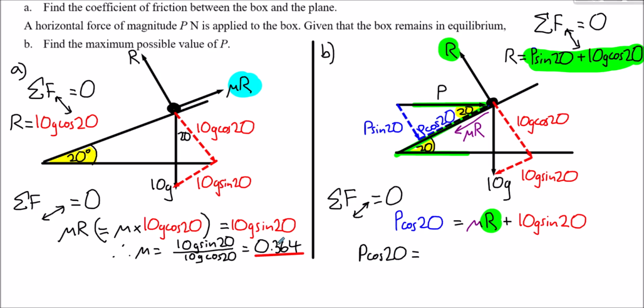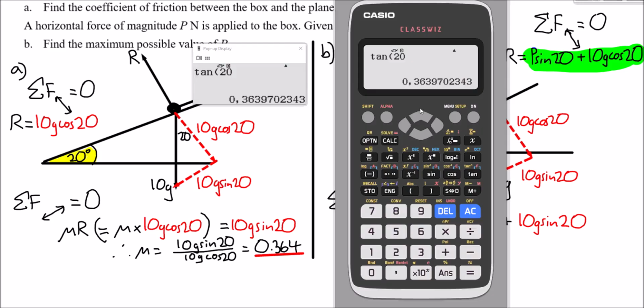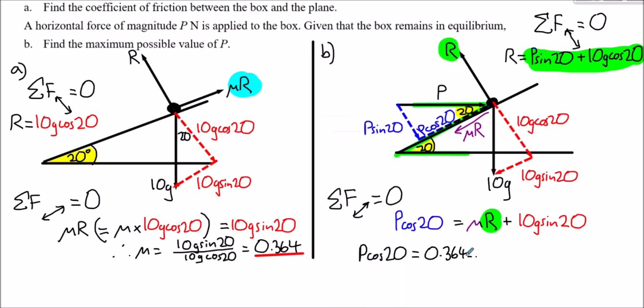That's going to equal mu, which is 0.364-ish. It's still stored on the calculator, so we'll use that to our advantage so we don't have to round anything. 0.364 multiplied by R, which is P sine 20 plus 10g cos 20, plus 10g sine 20.